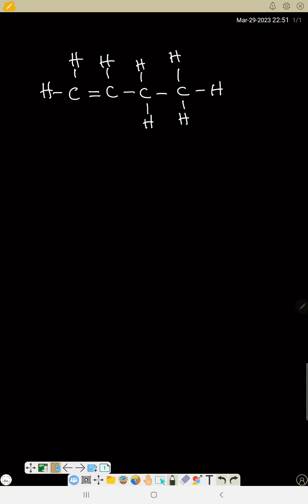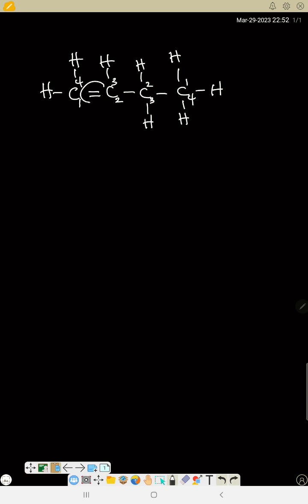How can we name this structure now? Remember, I said you name forward and backward. If you name forward, this will be 1, 2, 3, 4. Name backward, this is also 1, 2, 3, 4. Now, this double bond is closer to which number?